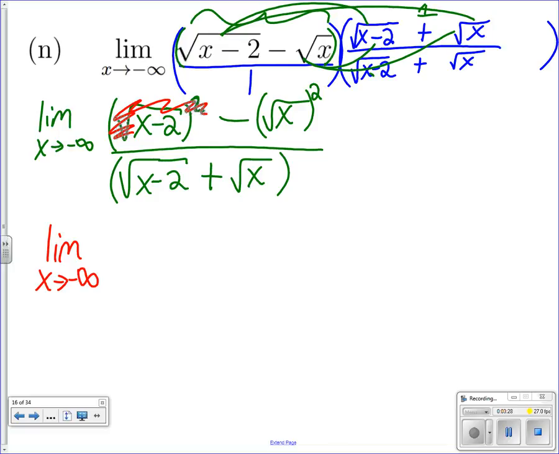And you are just left then with that x minus 2.